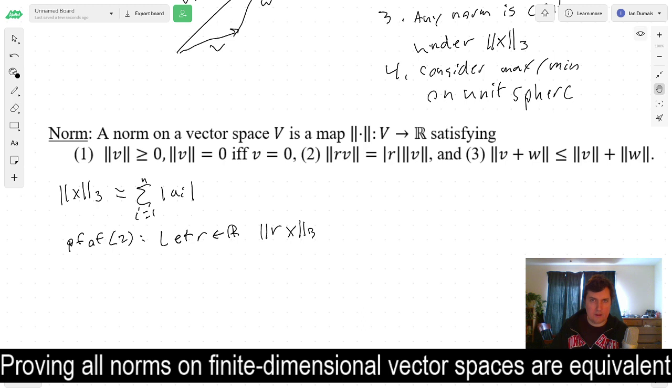So first off, if we're multiplying X by R, then we're multiplying each coordinate, if you will, by R. So if we apply the definition that's right here, we're going to get the sum of the absolute value of R times AI.